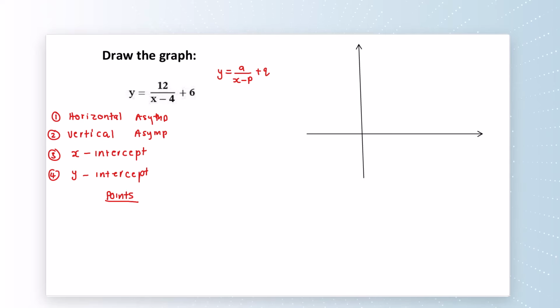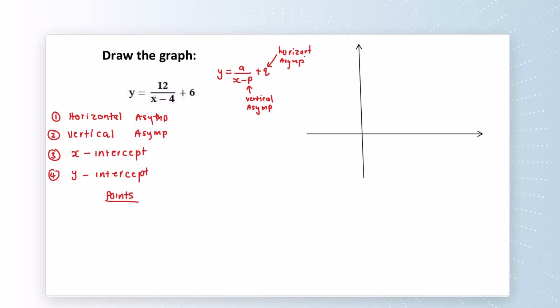Beautiful. Let's start with the asymptotes. So, from the standard equation, this will give you your vertical asymptote. That will give you the horizontal asymptote. Okay, those two will give you the asymptotes. So now let's look at the given equation.